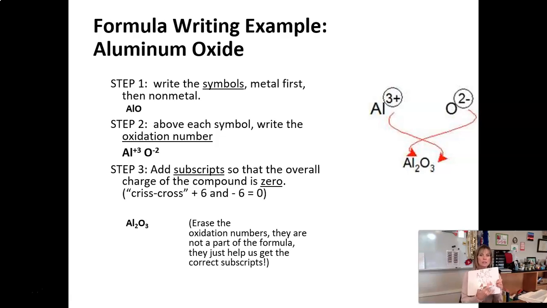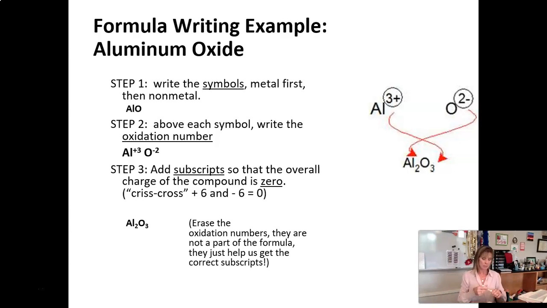The whole reason for these atoms to be transferring electrons is so that they can be stable, like the noble gases, so that they each have 8 electrons. With that stability, they'll have an oxidation number or an overall charge of 0. They'll be neutral then. So how does that happen? It's really simple. Let me show you.